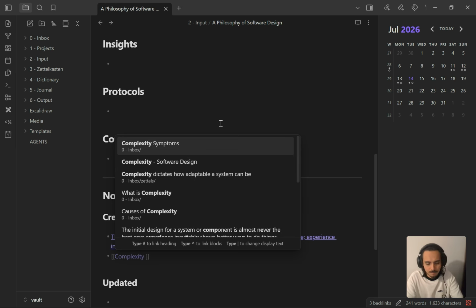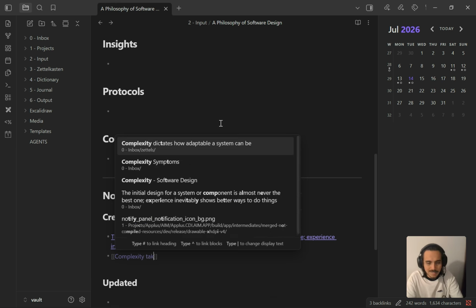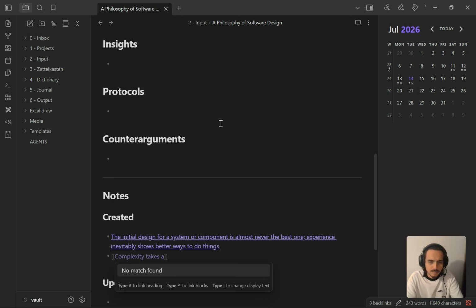Complexity takes away the very advantage of software systems, which is malleability. Malleability. Yeah.